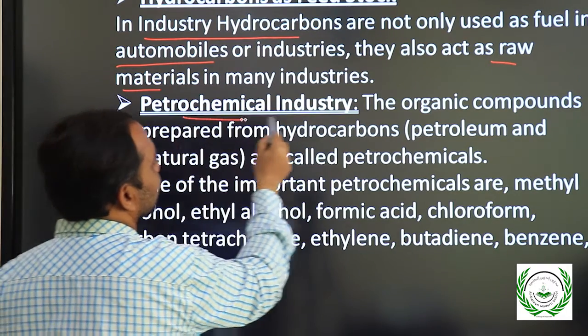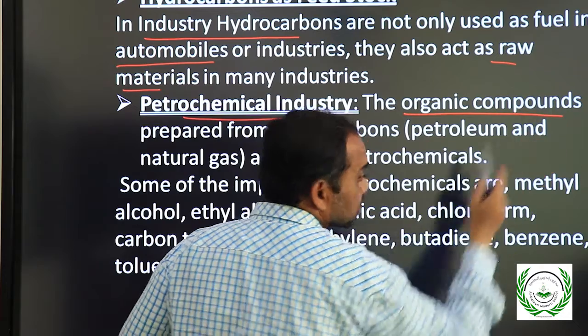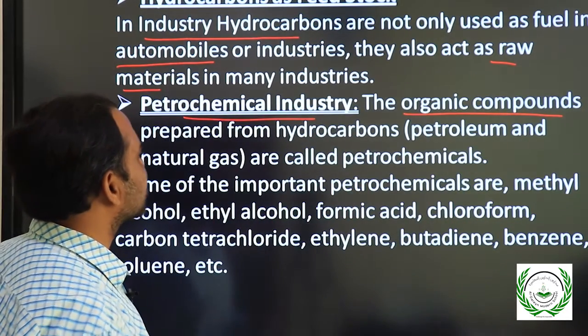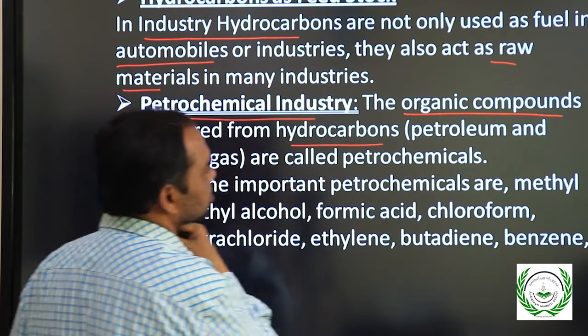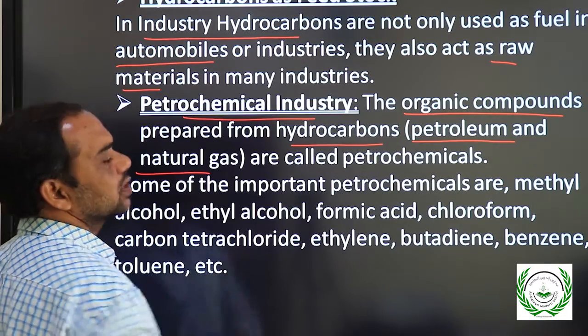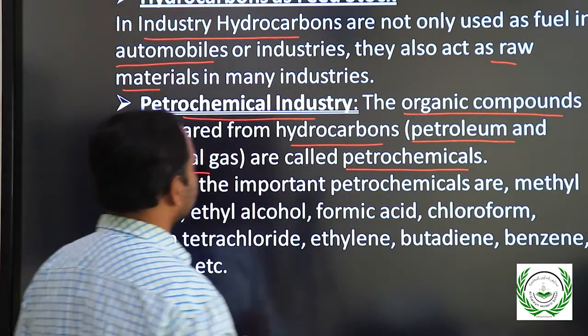In the petrochemical industry, the organic compounds are prepared from hydrocarbons. What are the hydrocarbons here? Petroleum and natural gas. These are called petrochemicals.